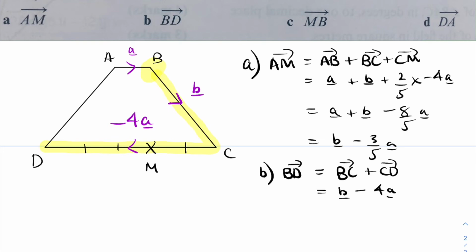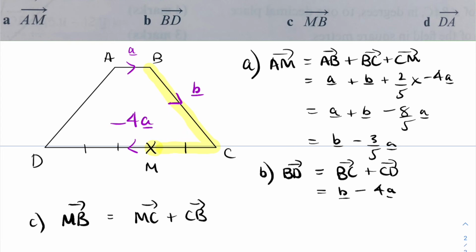Okay, part C then, M to B. So what does M to B look like? So I shall start at M and I will go to B. So I will go M to C first of all, and then I will go C to B. So what is that?